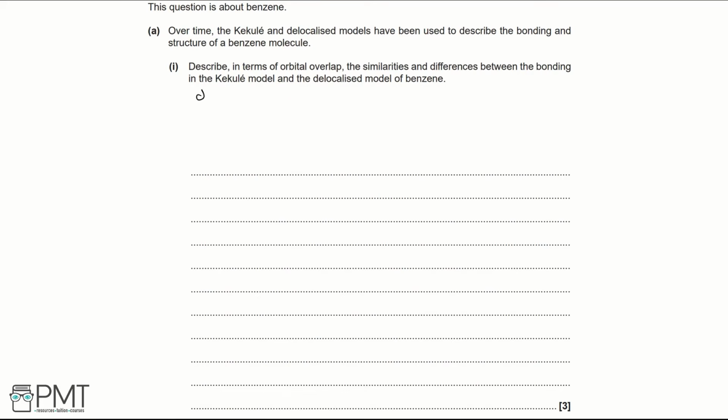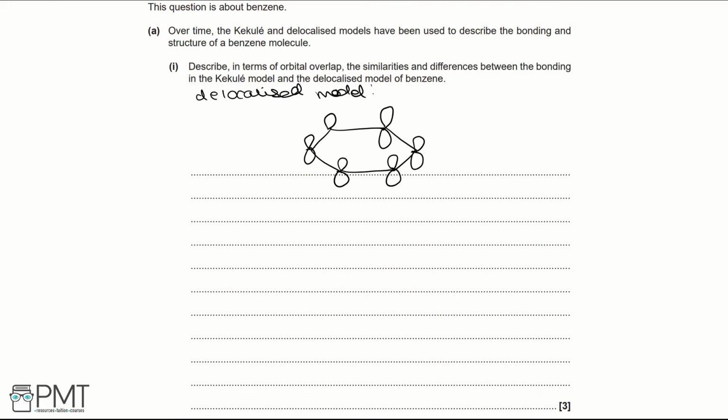First, we're going to draw a diagram for the delocalized model. We would begin drawing our diagram by drawing a hexagon, like with benzene. However, then we need to draw our p orbitals. There would be a p orbital on each point of the hexagon.